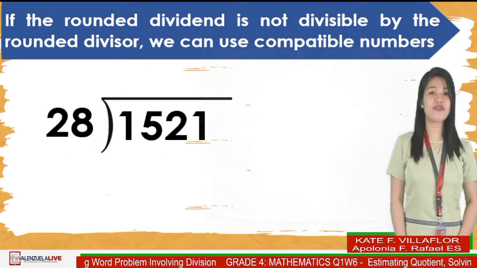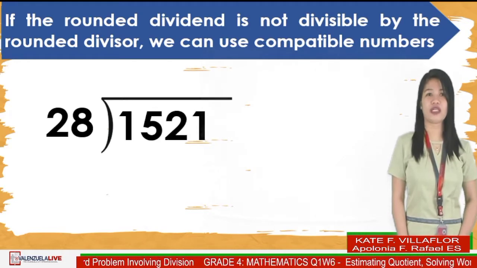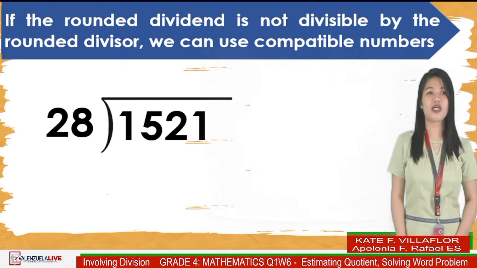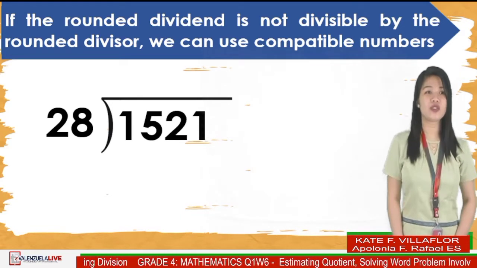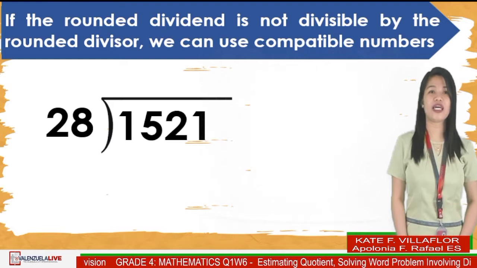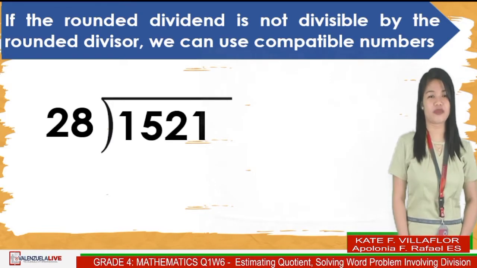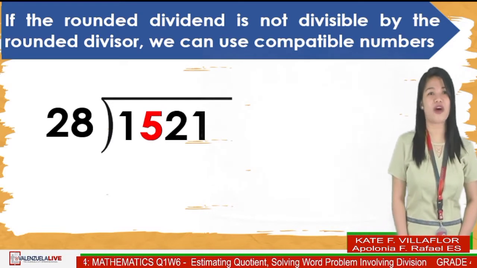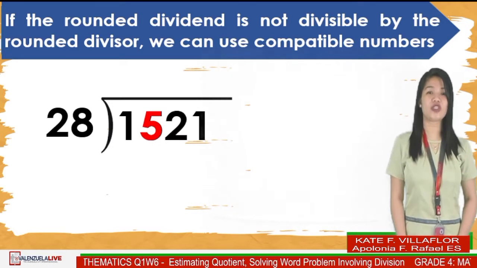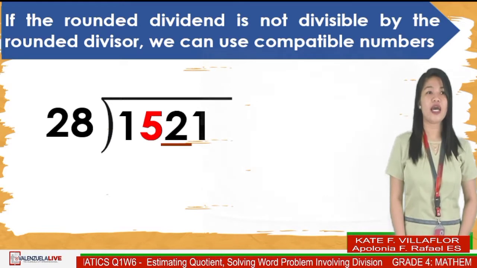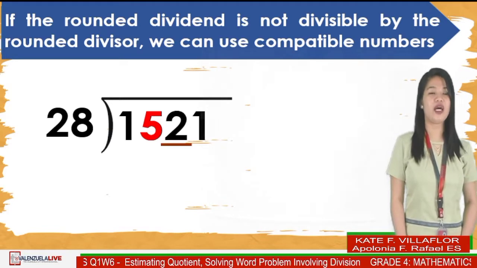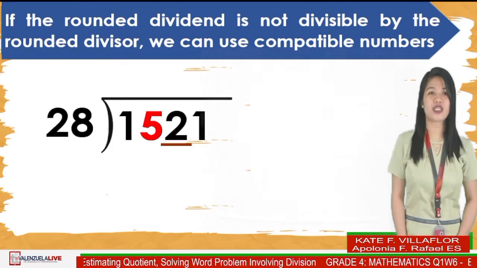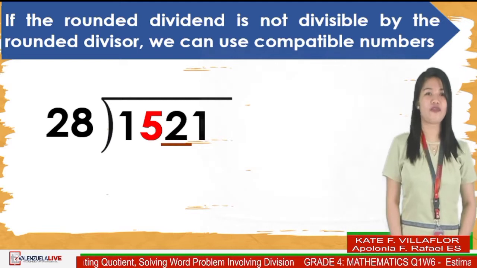If the rounded dividend is not divisible by the rounded divisor, we can use compatible numbers. How to use it? We're going to round off the next digit with the highest place value. The digit with the next highest place value is 5. Then check the digit to the right of 5, that is 2. Since it is less than 5, the digit 5 will remain the same, and the digit after 5 will be replaced with 0.